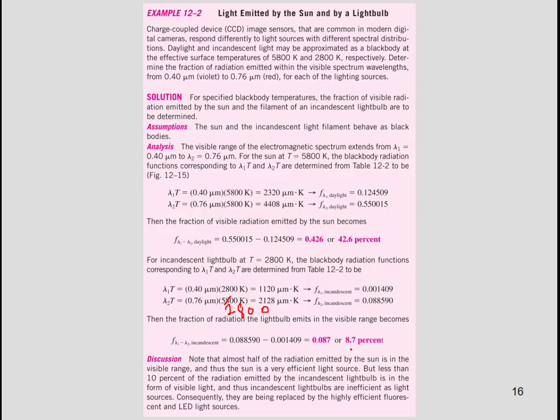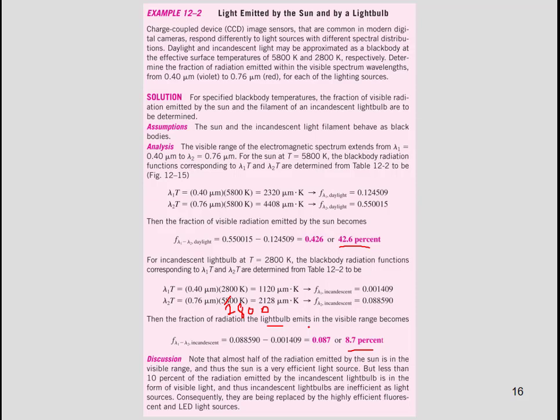So as you can see here, 42% and less than 10%, nearly 50% of the sunlight is visible light. So it is a very good source of light for capturing high quality photos. And less than 10% for these kinds of bulbs does not provide enough light to capture high quality photos.